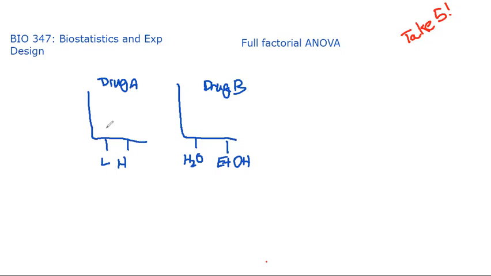If we did these experiments by themselves and we got this result, okay? So drug A at low dose, the response is lower than at high dose. So we'll draw this line connecting these two. And water, we had a low response and a higher response in ethanol, right? So these are expectations.